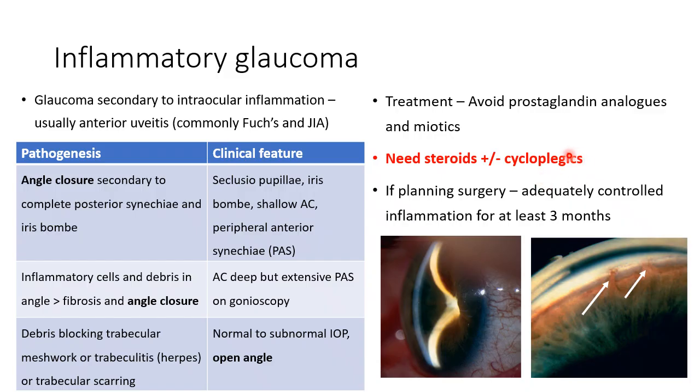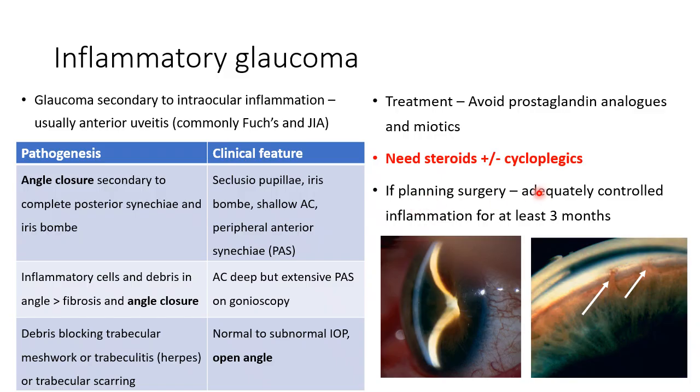Cycloplegics are indicated in malignant glaucoma, steroids also plus minus. And what do you have to avoid? You have to avoid prostaglandin analogs and miotics in this particular one. Please remember, in inflammatory glaucoma, there are certain medical treatments that you have to avoid, and cycloplegics are the treatment of choice, right? Miotics are contraindicated.